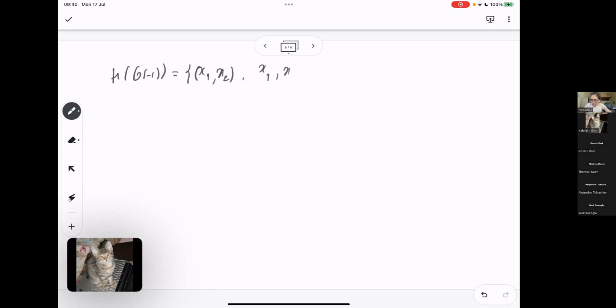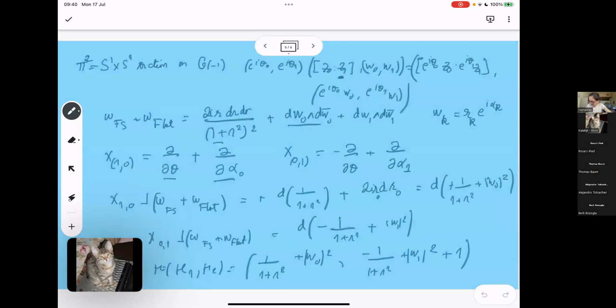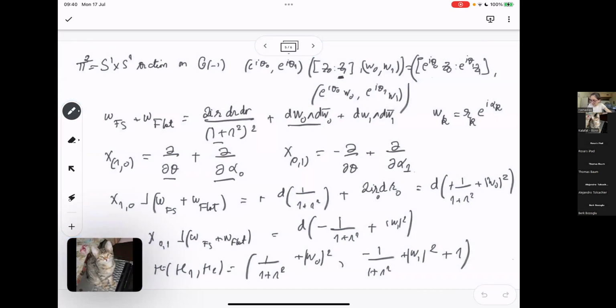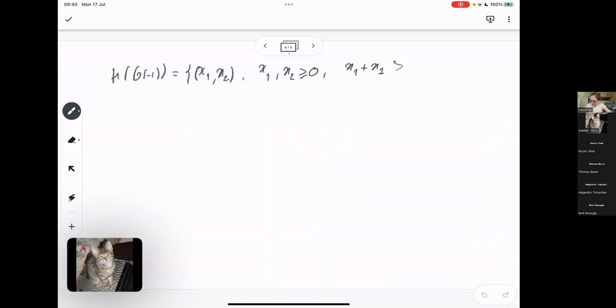Each of the components of the moment map is positive. And if you sum them, the sum is this plus that plus 1, so it's greater than 1. So the polytope for this is this. This is a non-compact toric manifold. It's going to be important in what I say later.